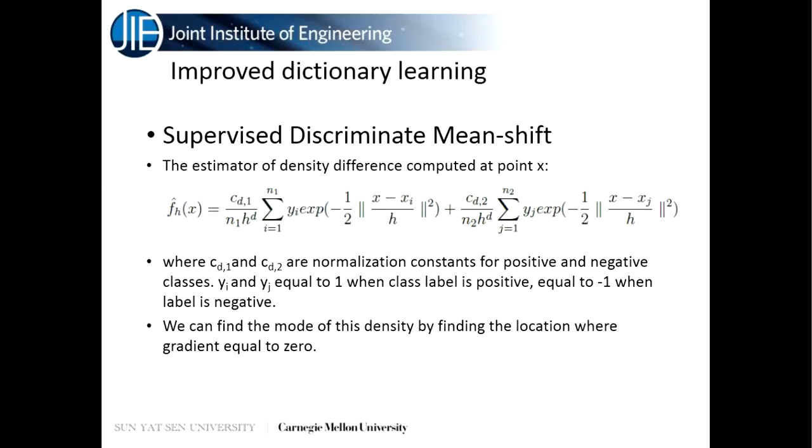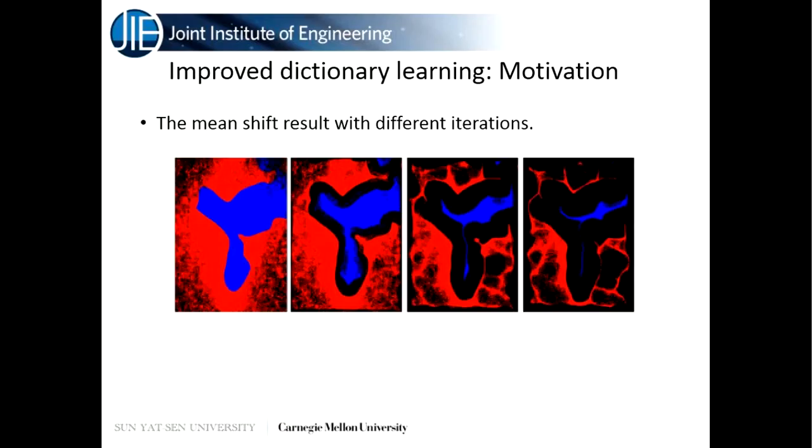Of course you can calculate the derivatives and set the derivative to 0. What we are currently doing is similar to the mean shift: we do a supervised discriminative mean shift, and every time we follow the mean shift, we shift a bit towards maximizing this f_h(x).